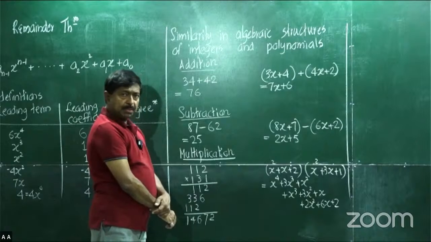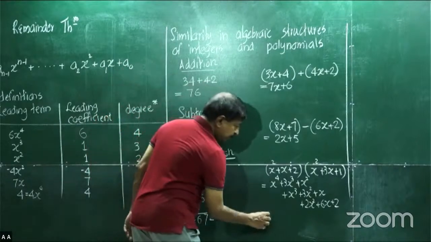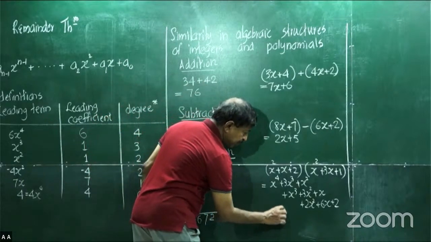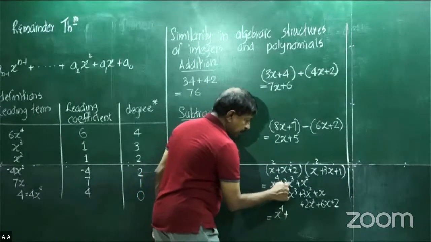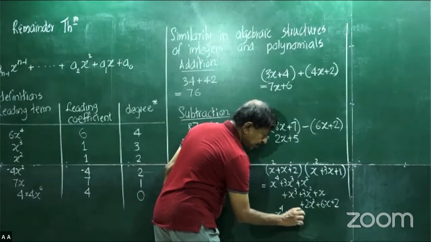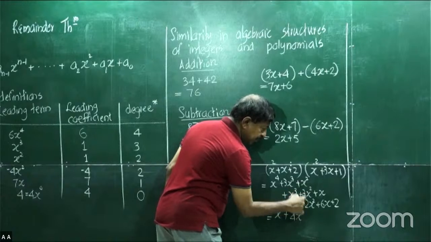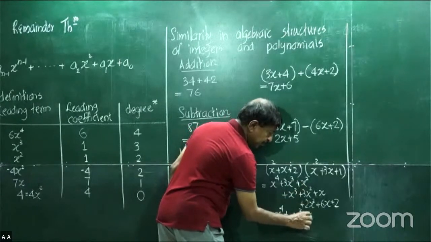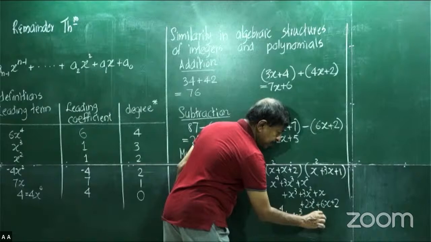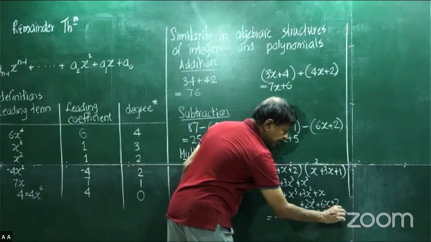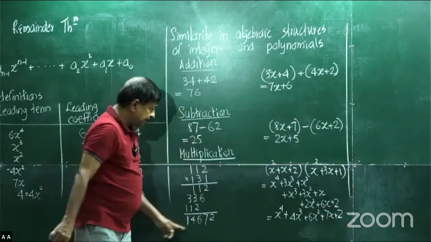Now when you add them up, you get x to the power 4, 4x cubed, 1 plus 3 plus 2, 6x squared, 7x plus 2. You can see the similarity.